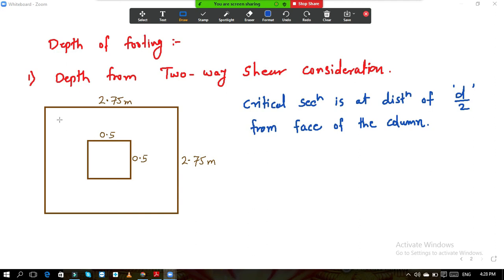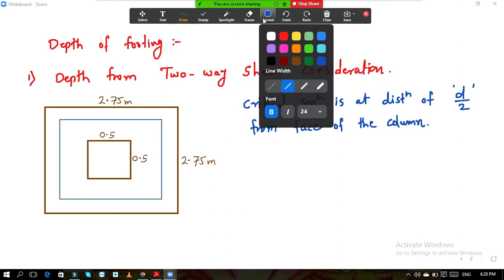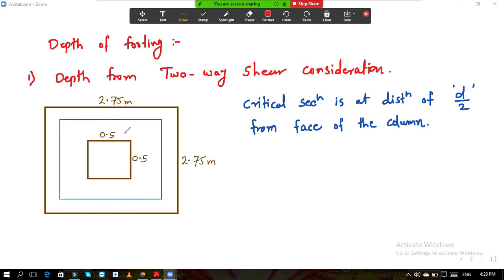So first I will draw the rectangle so that it will be easier for us. Okay, here. So now this is our critical section which is at a distance of d by 2. Okay, so this is d by 2, and this side also it is d by 2.